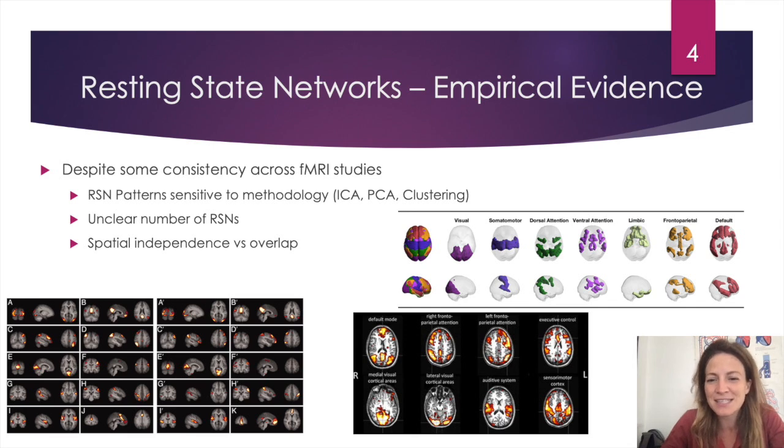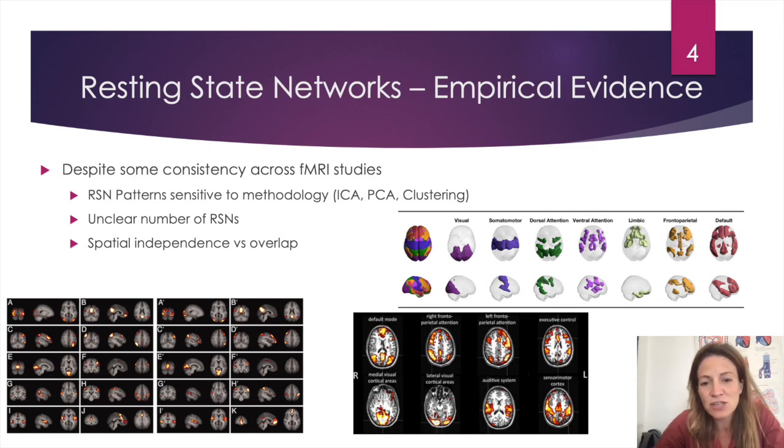And then there is this issue of the unclear number of resting state networks. Overall, people agree that they are discrete states, so they are different subsystems, but the exact number is undefined.